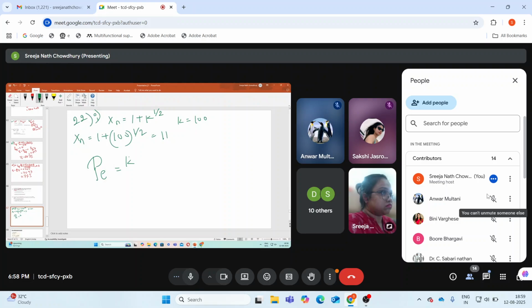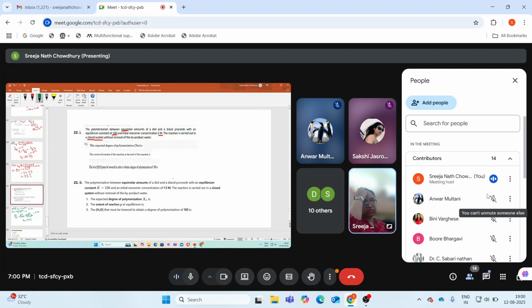This will give you P is 0.90 and P is equal to 90%. So this is 22.1.